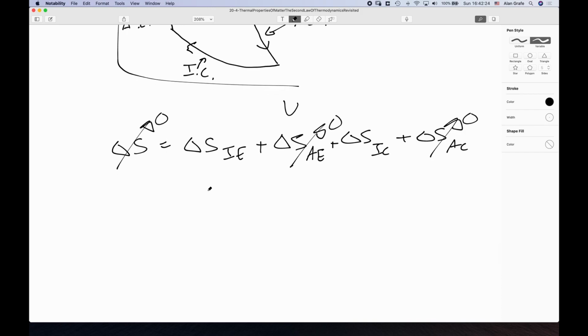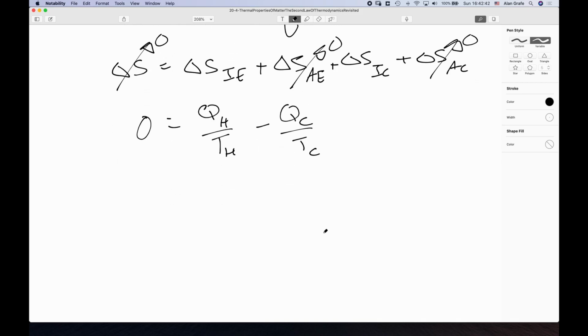So let's just put in 0 equals delta S for the isothermal expansion. That's on the hot side, so this is Q hot over T hot. This will be minus, because it's an outbound flow, Q cold over T cold. So this gives me, for a Carnot cycle, Q hot over T hot equal to Q cold over T cold.